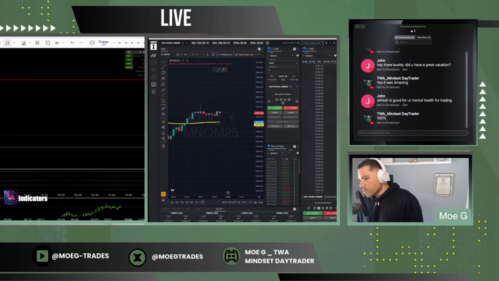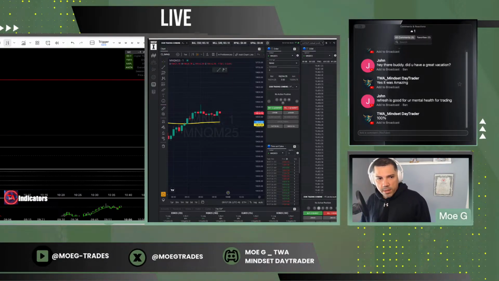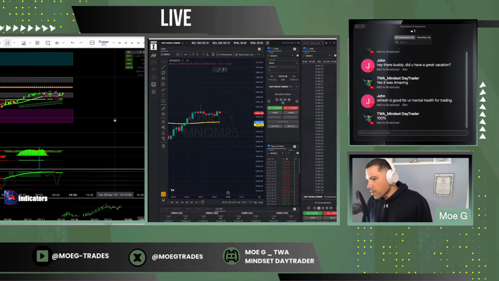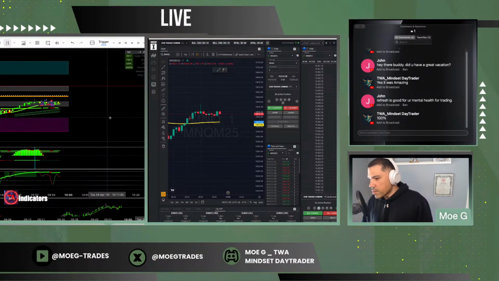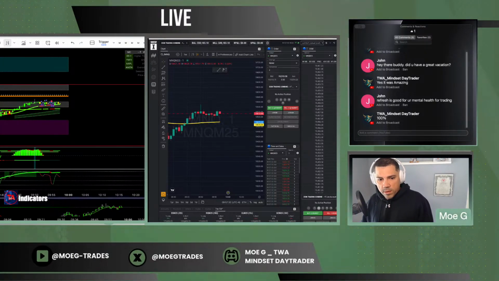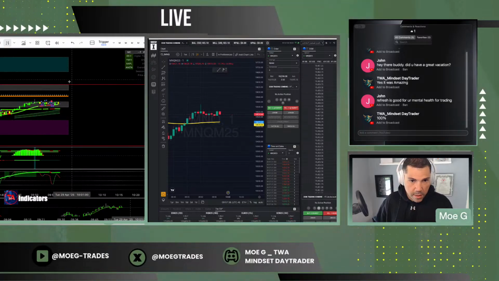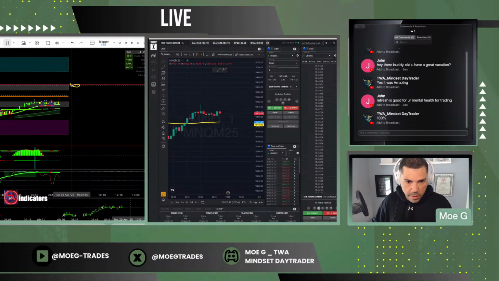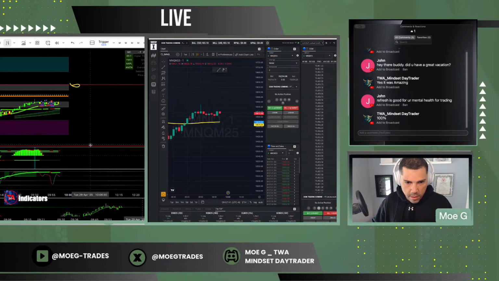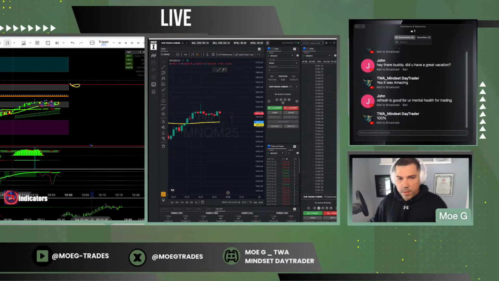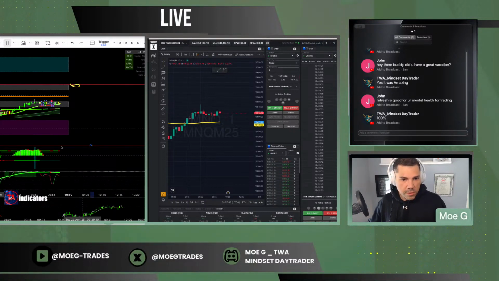Can you see that on the chart? Yeah, now let me bring the candles back into focus. There you go. Now you can see it all. I'm just marking this for myself. There's 1 point, and there's the other point. So that's the range we're in.